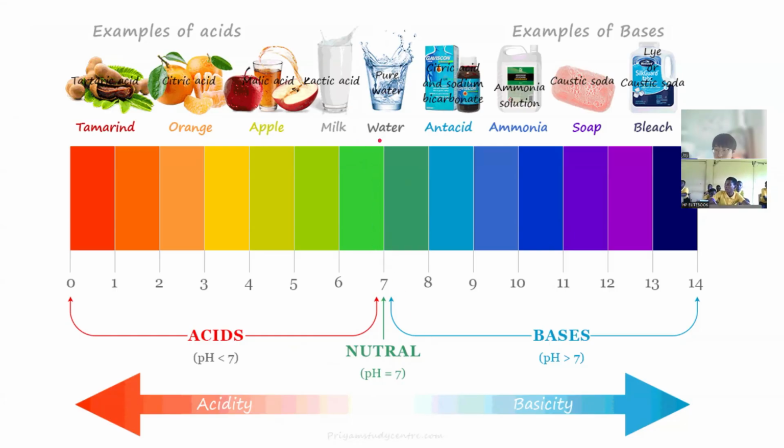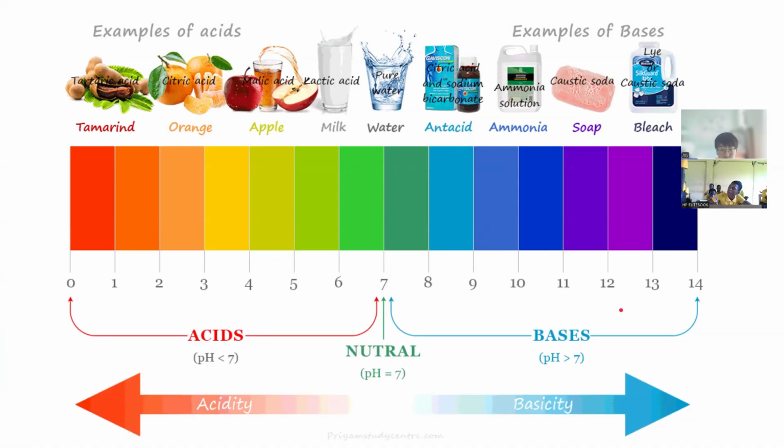But if you move a little to the left, we have the acids like milk, apples, and oranges. All of those are acids. But on the right, there are examples of bases like soap, bleach, ammonia. All of those are examples of bases.